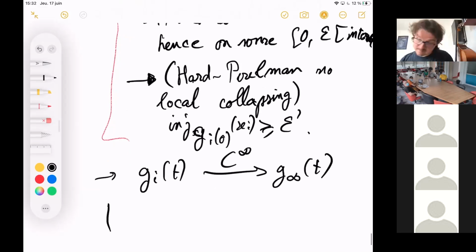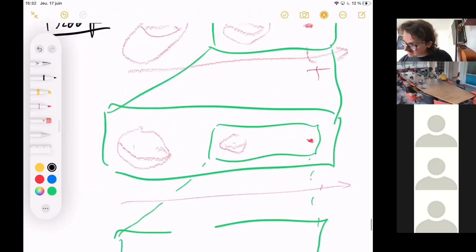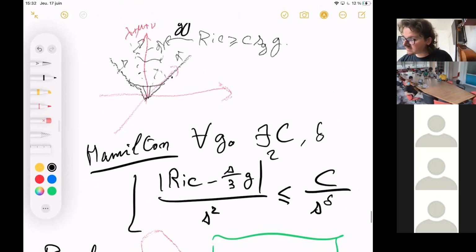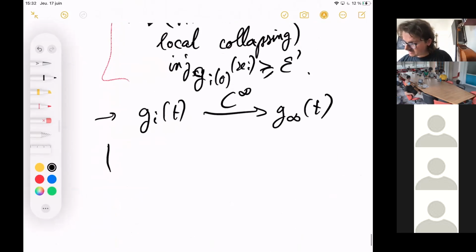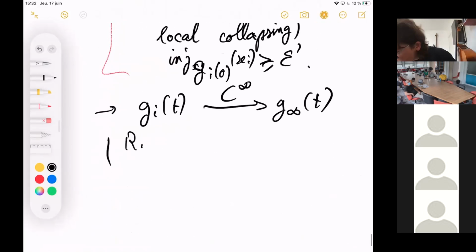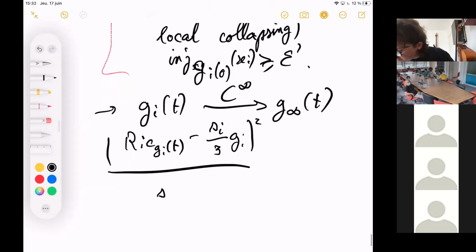But then, we said that this last estimate that we had was scale invariant. So what we get is that the norm of Ricci of g_i(t) minus s_i over 3 g_i, squared over s_i squared, is less than C over s.